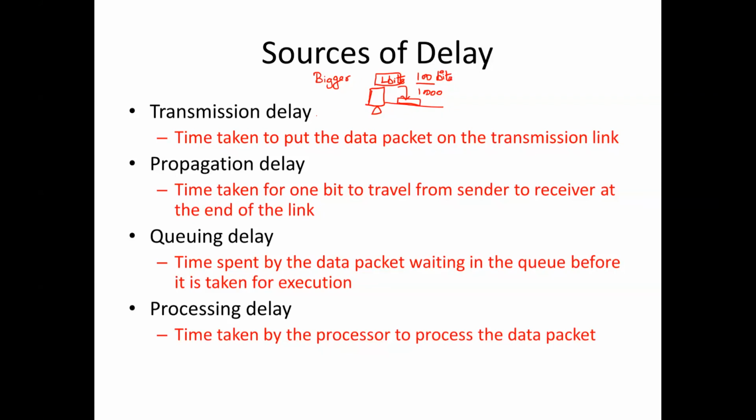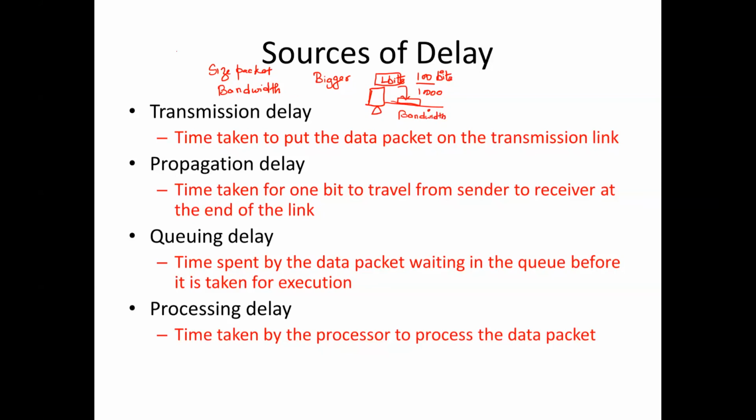So this transmission delay depends on 2 parameters. One is the size of the packet, and the second is the transmission rate of the medium, otherwise called bandwidth. It depends on the link's capacity, which is the bandwidth, and the size of the packet. The lesser the bandwidth of the link, the more time it takes to place the packet bits onto the medium.